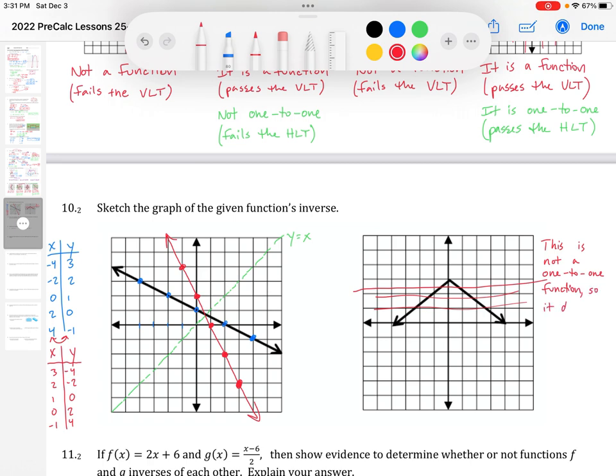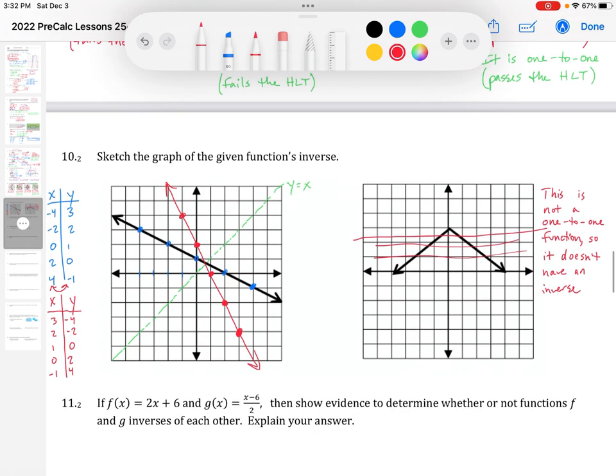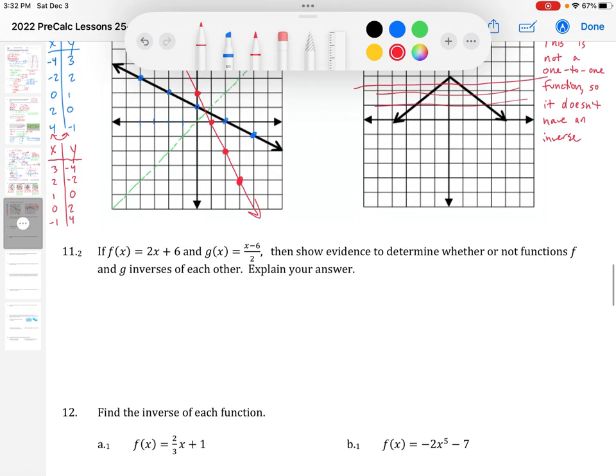So it doesn't have an inverse. If it's not one-to-one, you can't even talk about inverses because only one-to-one functions have inverses. So that one, we actually can't graph its inverse. It doesn't have one.